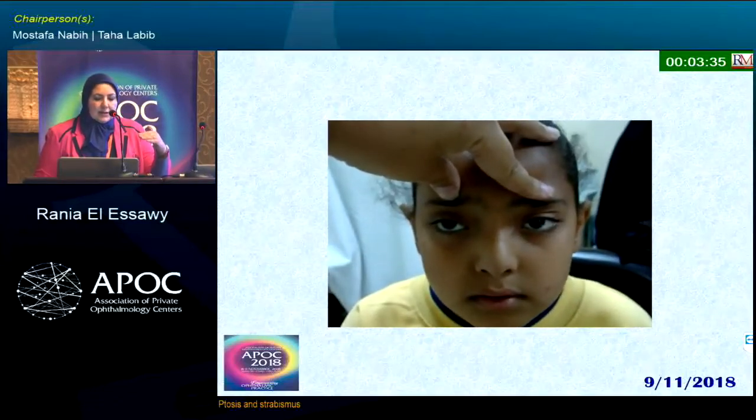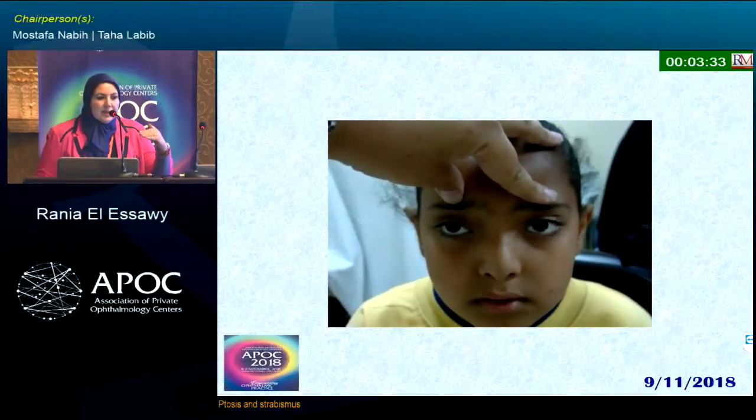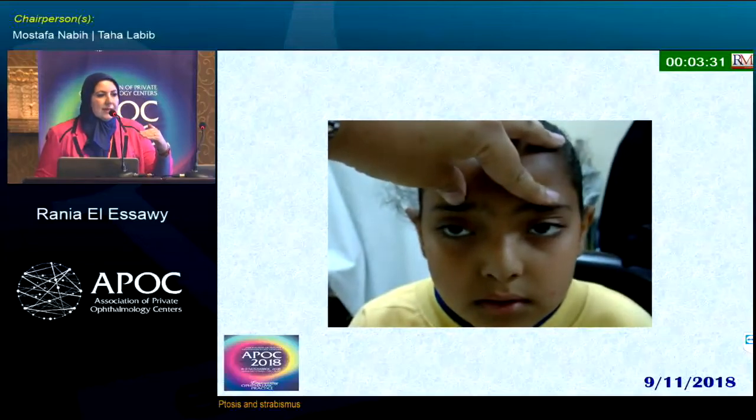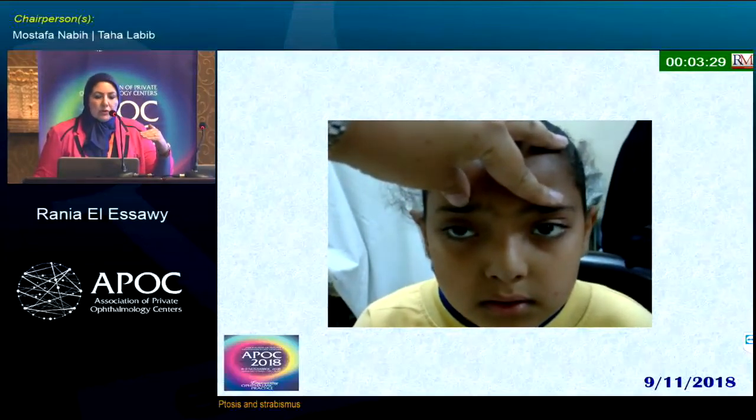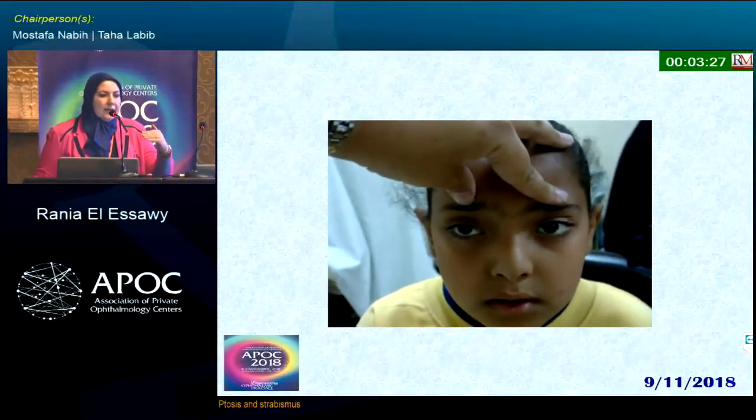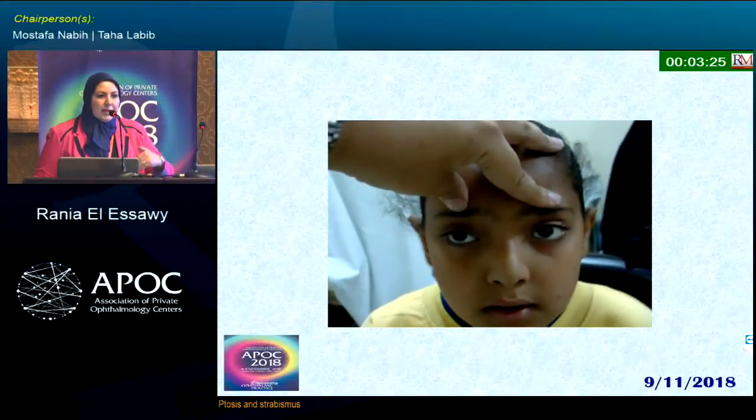There is a little bit of elevation, 1 millimeter up and down, what is known as the Cogan twitch sign. And also, if we let this patient look down and then up many times, the ptosis increases. If we tell the patient to look up and stay looking upwards for some time, also the level decreases. So these patients are easily diagnosed if we do meticulous assessment of the lid level.